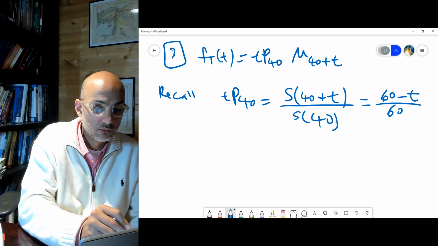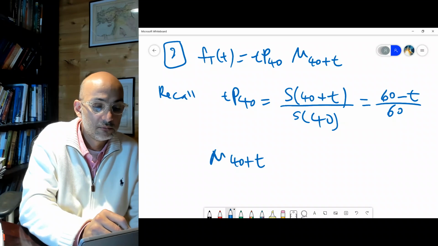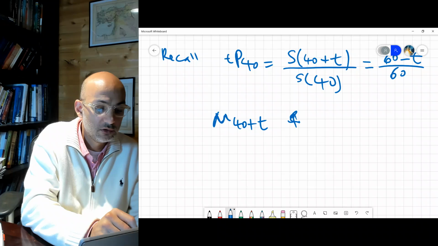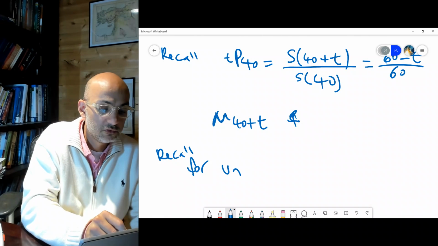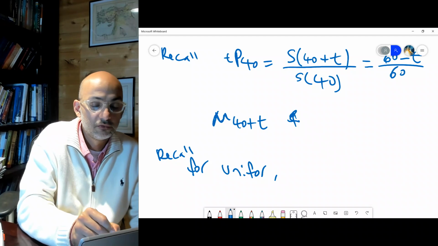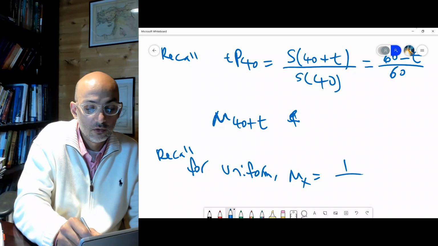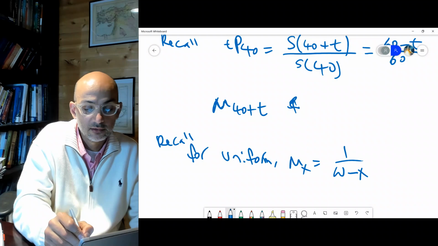So now, what is mu 40 plus t? This is the force of mortality for uniform. Recall for uniformly distributed life, mu x is equal to 1 over omega minus x, right?